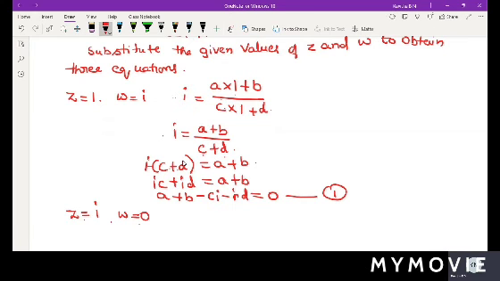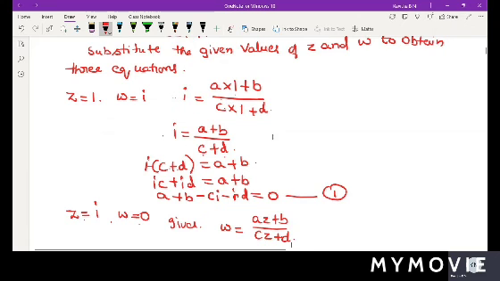Then again take down the bilinear transformation statement: w is equal to az plus b divided by cz plus d.